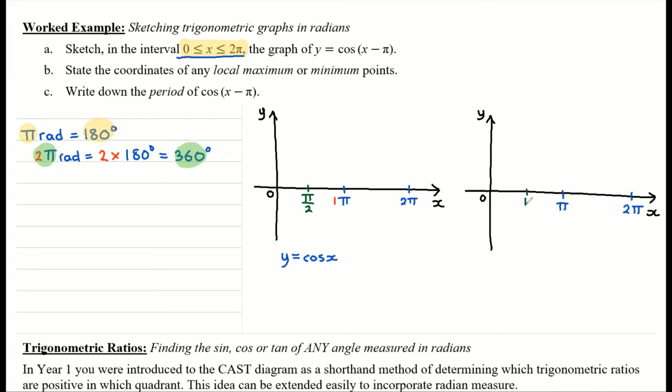Then we've got halfway between 1 and 2 pi, which is 1.5, or 3 over 2. So we can now write our 270 degrees, which is between 180 and 360, as 3 pi over 2, and on here, 3 pi over 2. So without doing too much extra work, we've got all these vital points, haven't we?